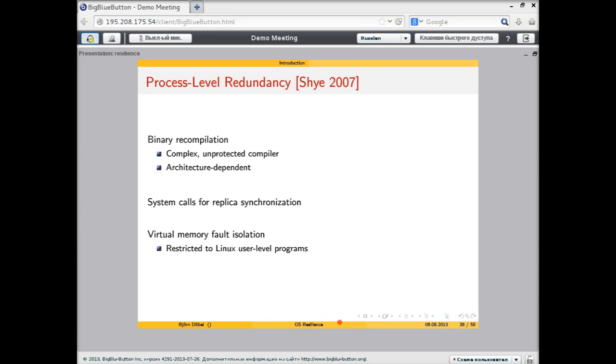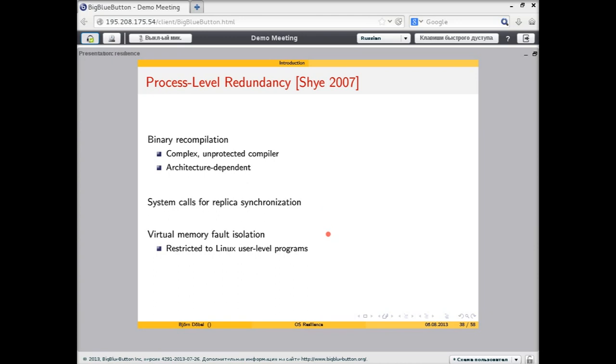Apart from that, this work done on Linux called process level redundancy previously did a similar thing to what the Romain framework for L4 does, and which I'm going to talk about on the next slides. They also used system calls for monitoring inputs and outputs, and they used virtual memory for fault isolation. This is a design principle that we already saw in Minix.